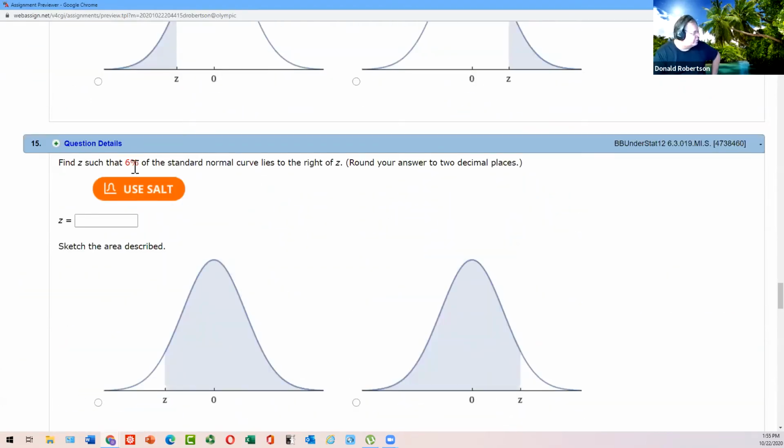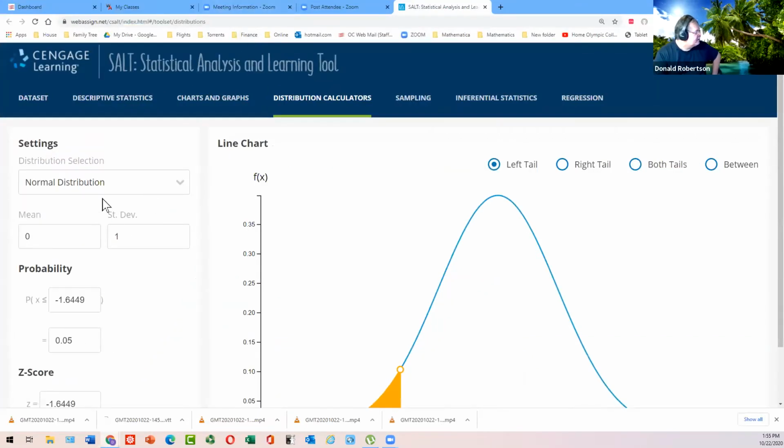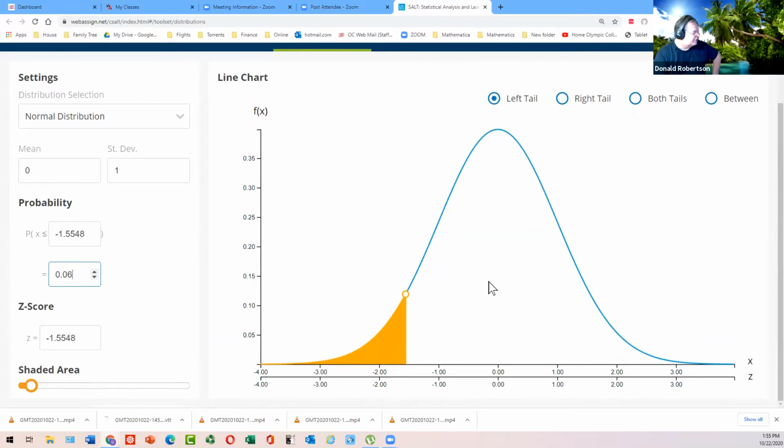Find a Z score such that 6% lies to the right of Z. 6% to the right. So you hit the sort button. Since this is a standard normal, do you see it's 0 and 1? And I want 6%. I've almost got it set up here. Now, all I have to make sure of here is the question that was being asked, well, it's to the right of Z, so actually it's not the question.